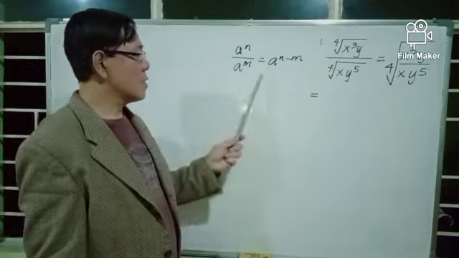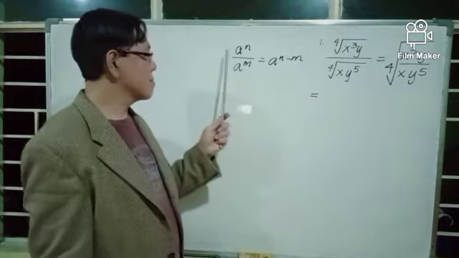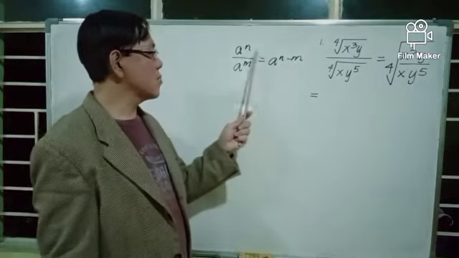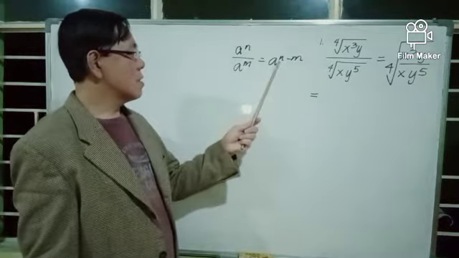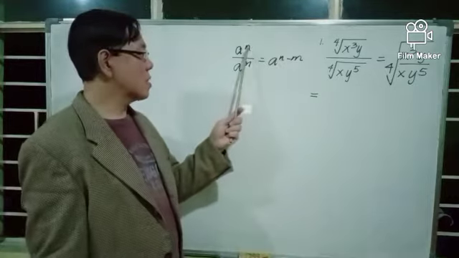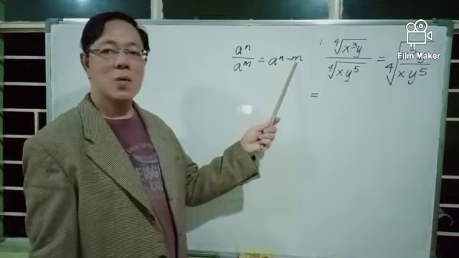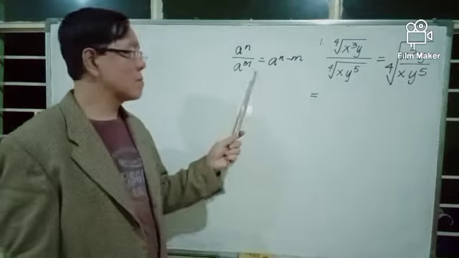This is equal to the common base a, and the exponent of a is the difference of the exponents, beginning with the exponent of a in the numerator minus the exponent of a in the denominator.